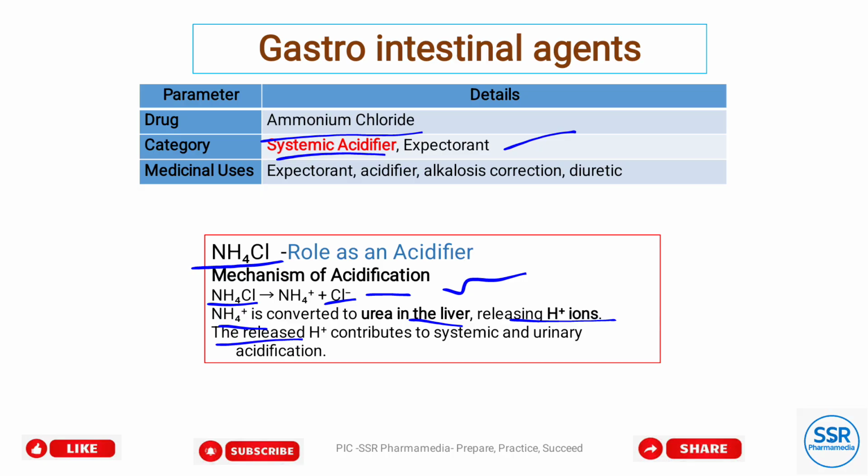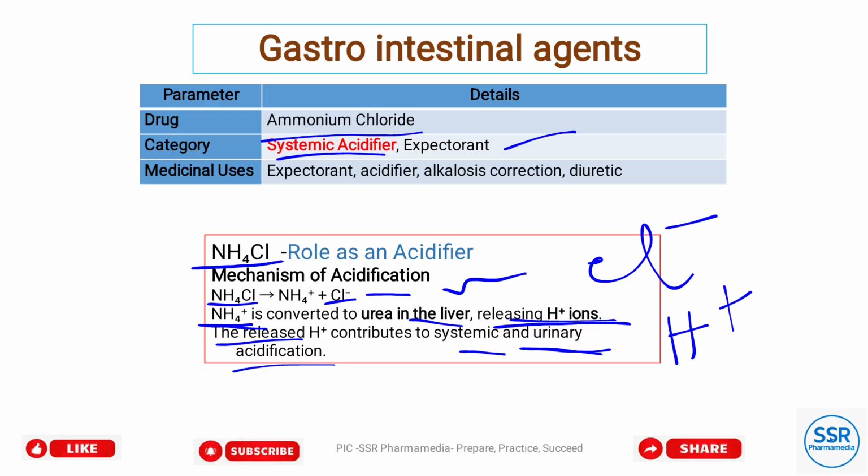This released hydrogen contributes to systemic and urinary acidification. So it is a systemic acidifier used for urinary acidification. The NH4 is releasing the hydrogen ion. So in solution it liberates chloride ions, and the ammonium in the liver releases the hydrogen ion.